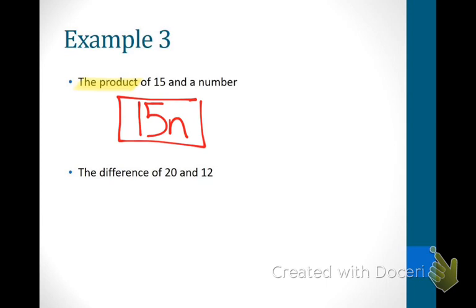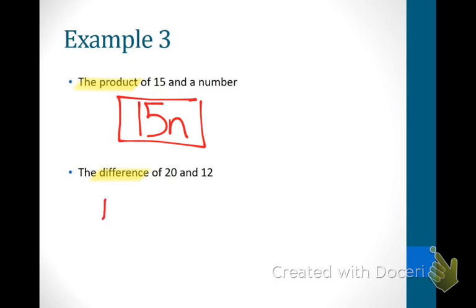All right, now the next one is a little different because I actually can evaluate this. The difference of 20 and 12. Again, where's my key word? What is my key word? Difference. What does difference mean? Division. Oh, subtraction. All right, need a little refresher. All right, so it's subtraction. So I put in the subtraction sign right where I see the word and, connects 20 and 12 together with a subtraction sign.